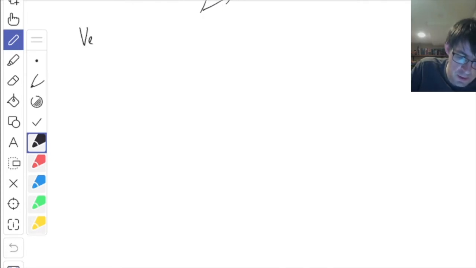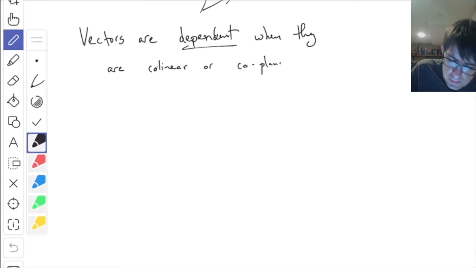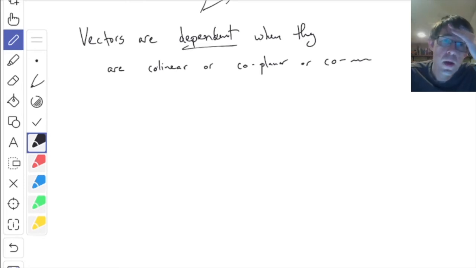So vectors are dependent when they are, it's hard to say informally what I mean, but something like collinear or coplanar or whatever in some other dimension.